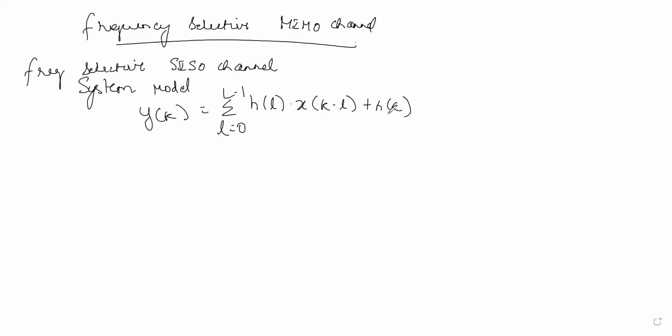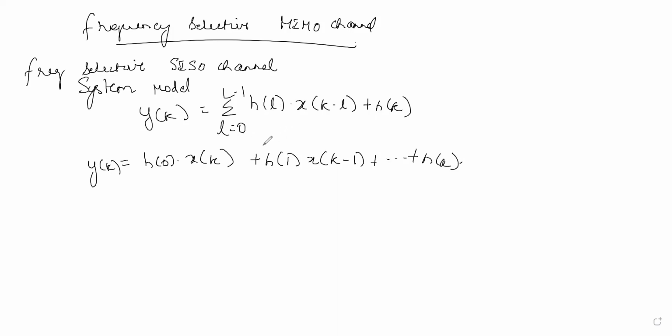If we expand this, when I substitute l equal to 0, we get y of k equal to h of 0 into x of k plus h of 1 into x of k minus 1, and so on till n of k.